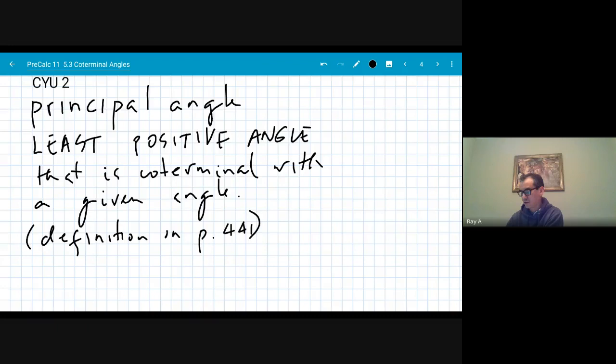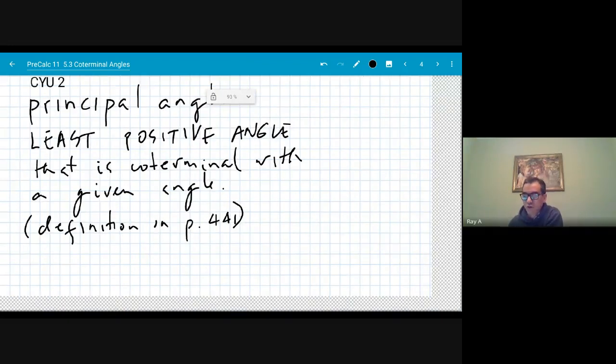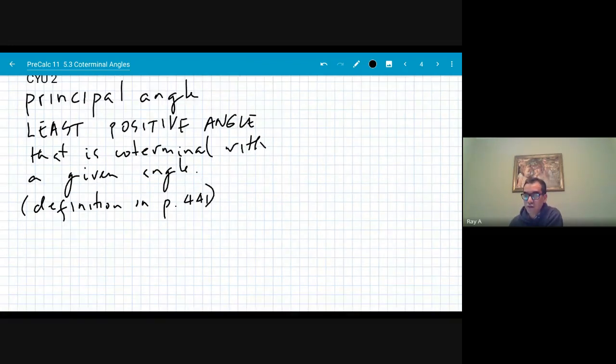So look at your workbook just before example 2. This one is pretty easy. Determine the principal angle for 1203 degrees. The principal angle would be the least positive angle that is coterminal with a given angle.